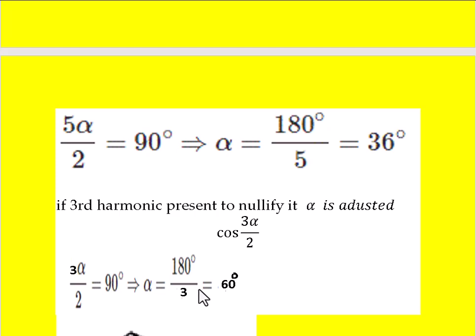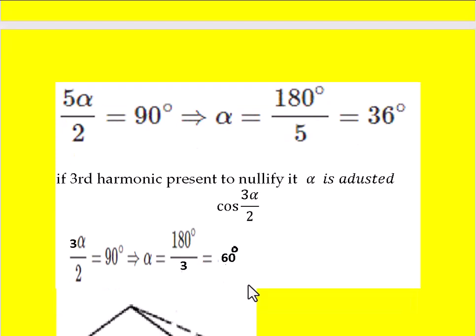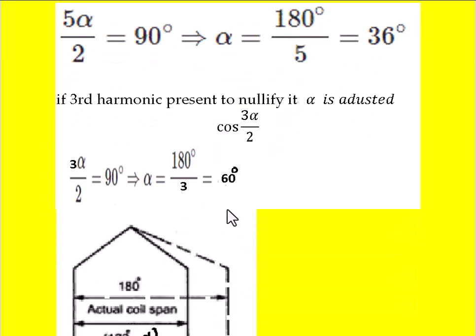So from this alpha will become 60 degrees. In that case the alpha should be 60 degrees, meaning the second coil side should be at 180 minus 60 degrees, that is 120 degrees. The span between the two coil sides must be 120 degrees. In that case the third harmonic can be nullified.